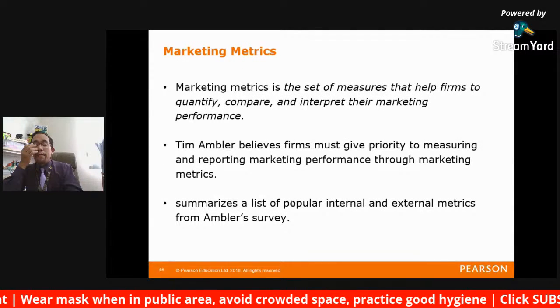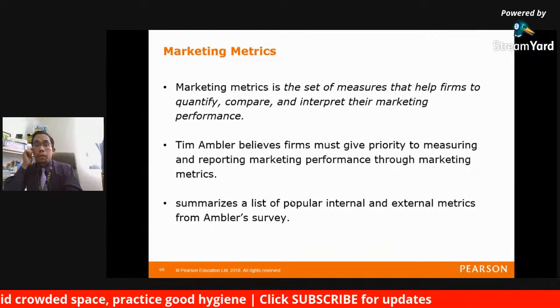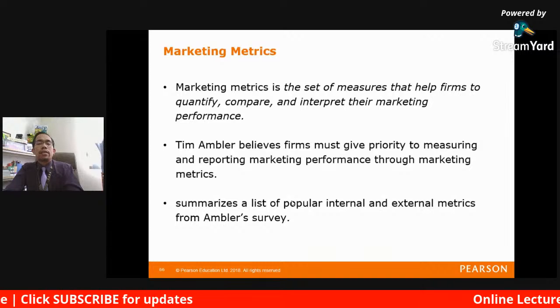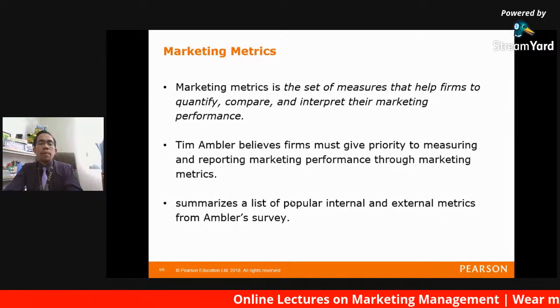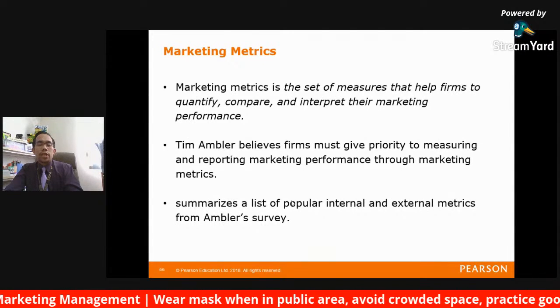The metrics that we have mentioned already in the first part quantify, compare, and interpret marketing performance.